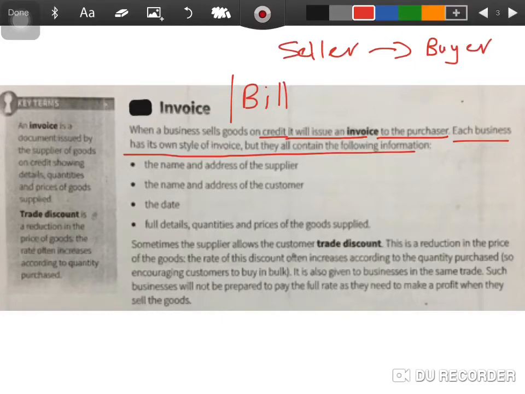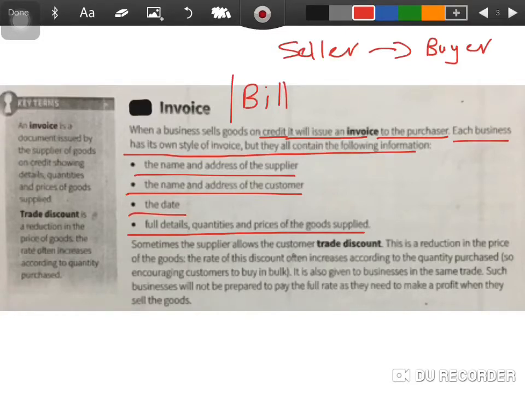So they contain the name and address of the supplier. Obviously they are going to contain that, the invoices. The name and address of the customer, so the invoice is going to contain that as well. The date of the transaction and full details, as to what quantity is going to be sold or is sold, and what are the prices of the goods that are sold, right?